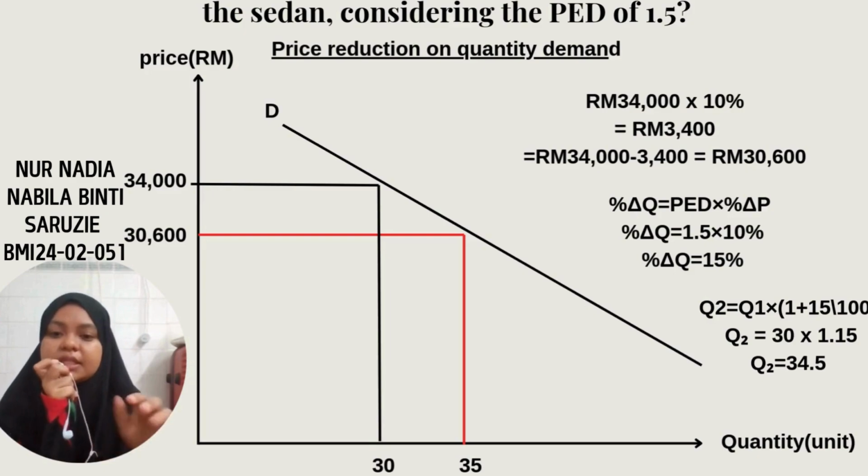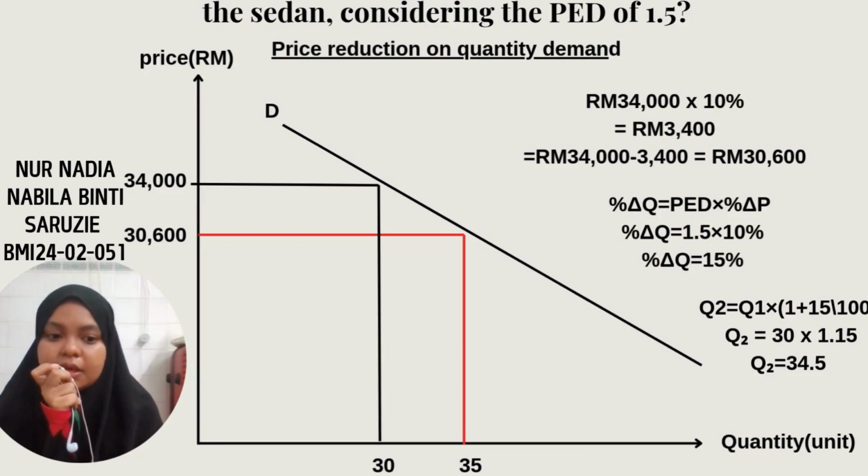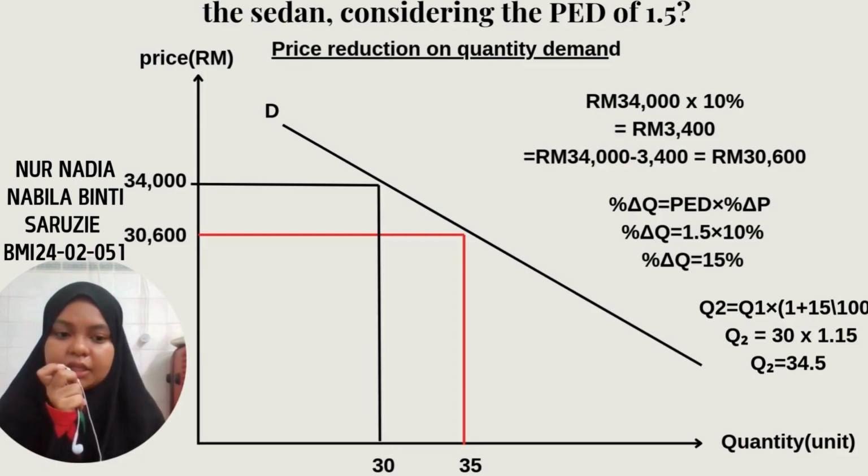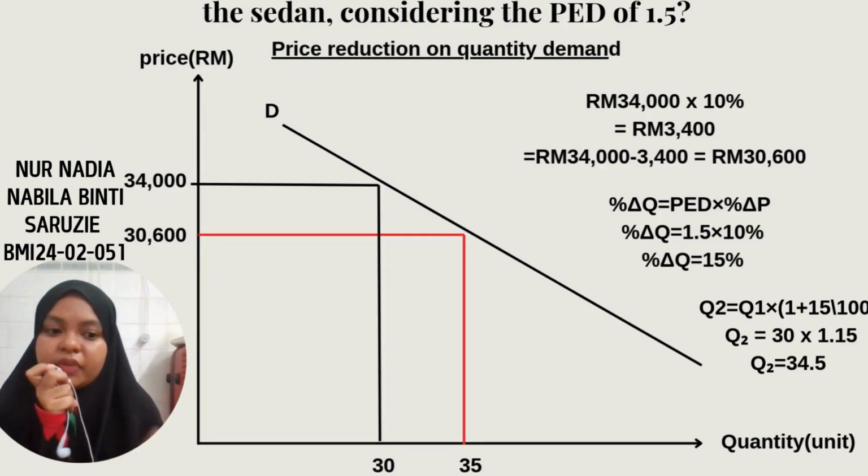So this graph visually demonstrates that a 10% price decrease leads to a 15% increase in quantity demanded. This confirms that the sedan has elastic demand. So that's all from me. Thank you.